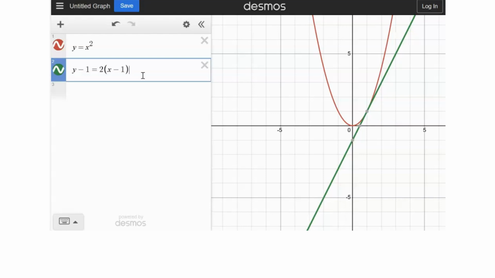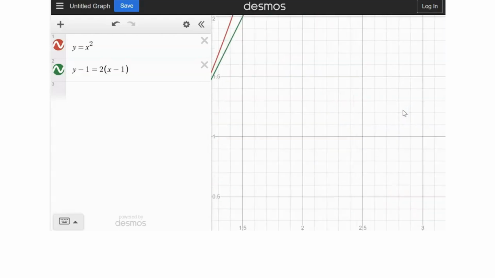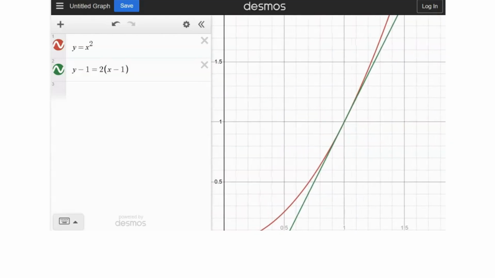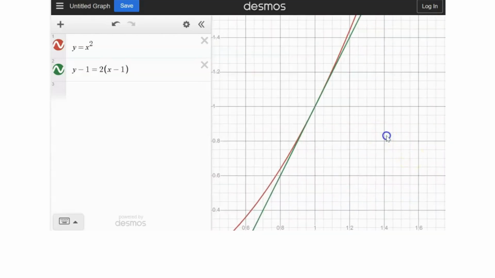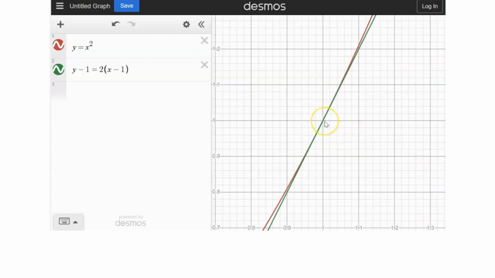Okay, so tangent line approximations work when we have values that are close to 1. All right, because as we zoom in, the tangent line almost mirrors the exact image of the curve. So for example, as I zoom in here, we can see that the tangent line is almost identical to the curve when we zoom in.